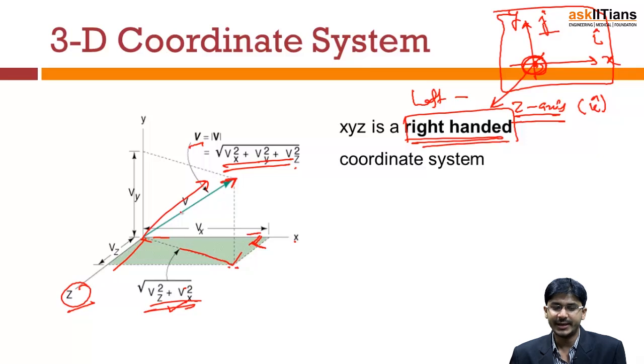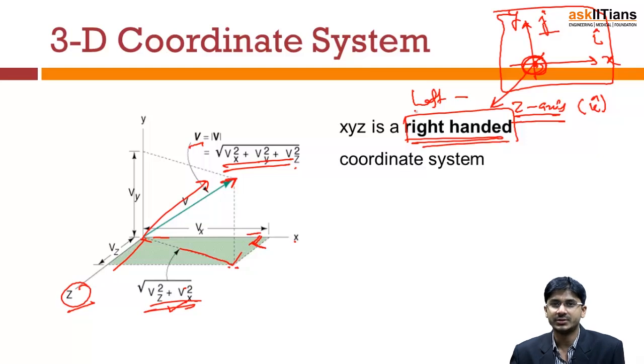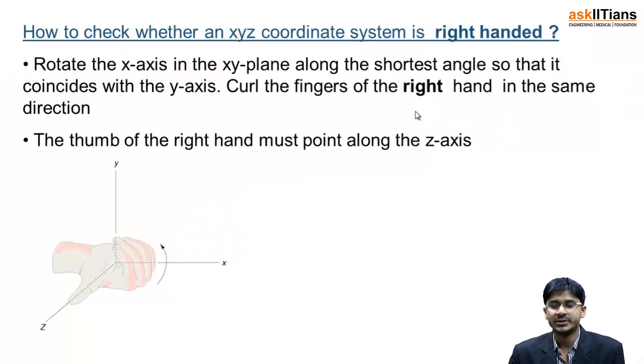What we will do is that x, y will give z along this, because then we have to use the left hand. If you take x like this, you will have to put it in the plane, and you curl along y, z is going into the plane. So that would mean that it is left-handed. The systems that we will commonly use, and that are given in the questions normally, are right-handed systems. Now, how to check whether the system is right-handed is what I told you.